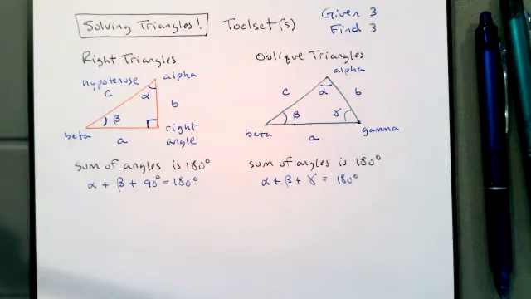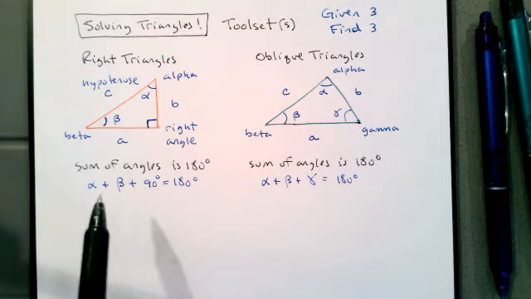If two of the pieces of information that you have are angles, you can just subtract to get the third angle, and now you have an abundance of information. That's one of the 3 things that you have to find. So that's the great thing about that first tool. It applies to both categories, and it's very simple to implement.